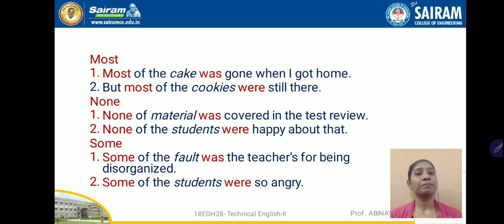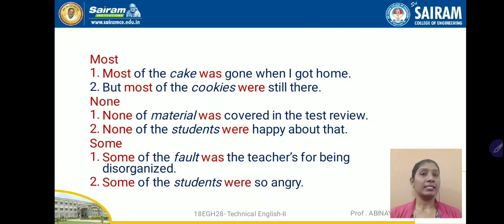Some of the fault was the teachers' for being disorganized. Some of the fault, not faults. If it were faults, the "some" would be plural, but it is only fault. The subject that comes along with the "some" is singular, so obviously the "some" is a singular pronoun. Go for the second statement: some of the students were so angry.